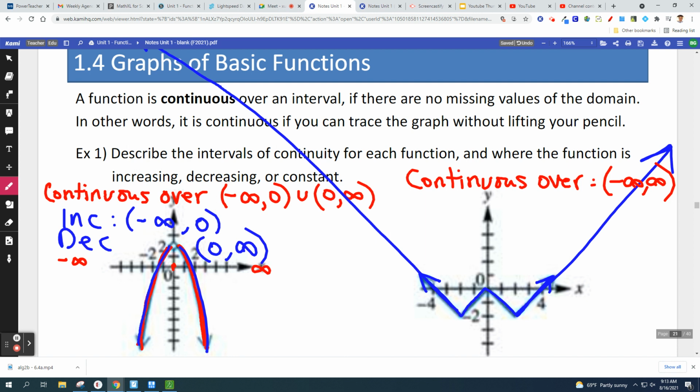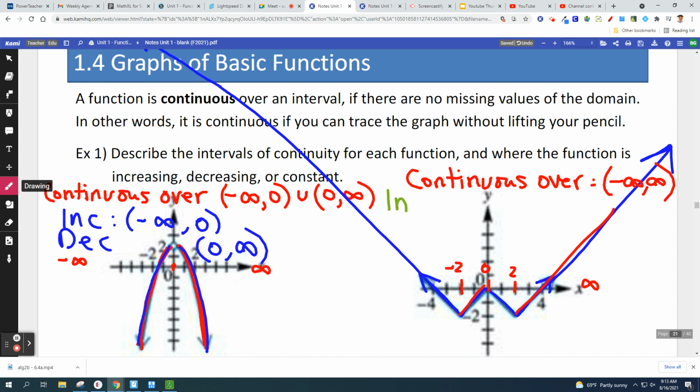Where is it increasing? Well, it's increasing here and here, right? So we look at the domain, and this is -2 to 0, and that's +2 to infinity. So it's increasing in 2 spots. Let's go green.